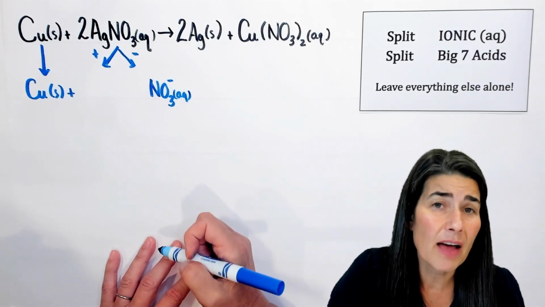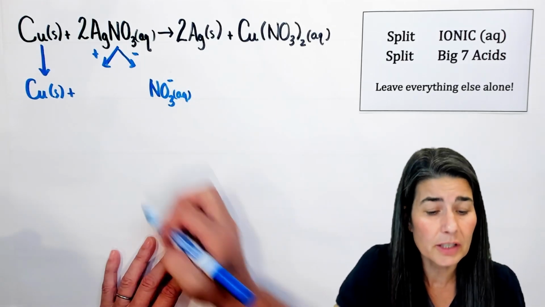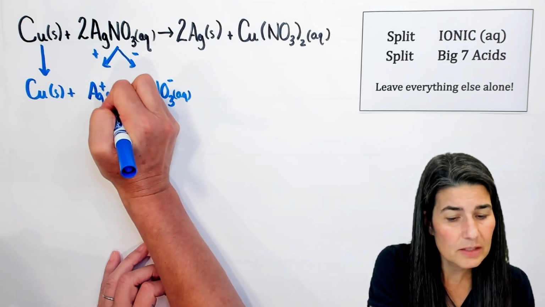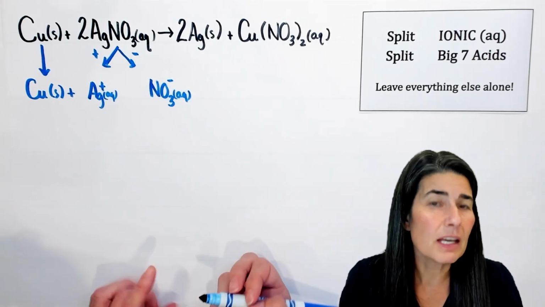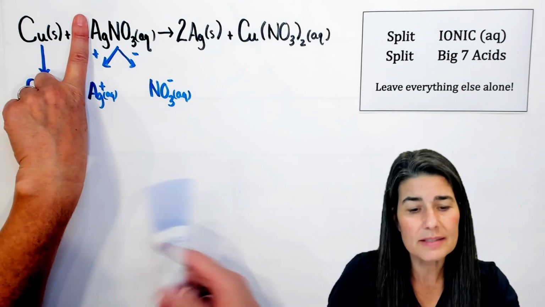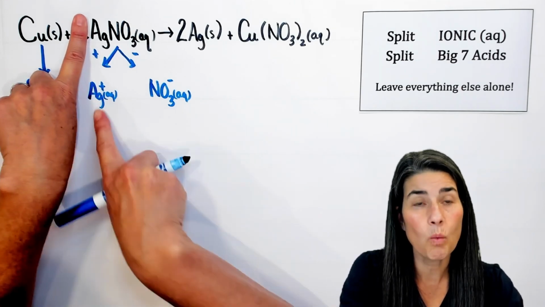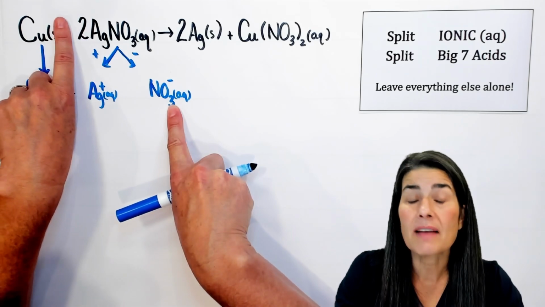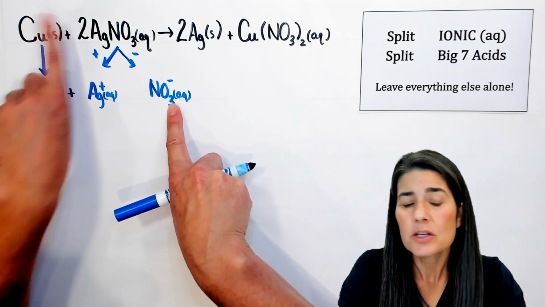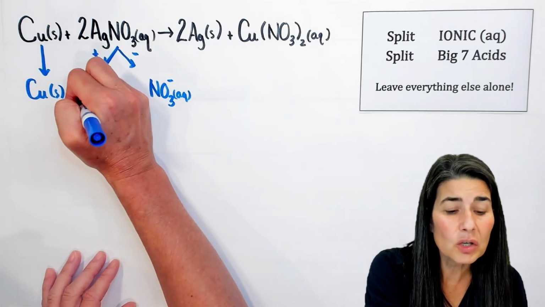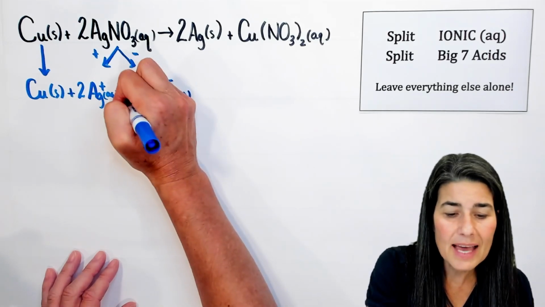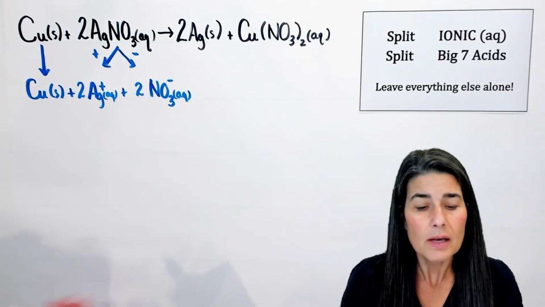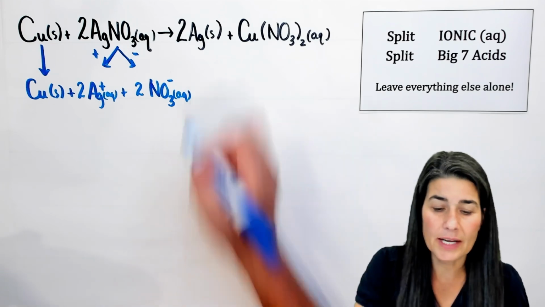The positive ion is silver with a plus charge, Ag plus in solution. If you had a single silver nitrate, you would get 1 silver and 1 nitrate. You have 2 silver nitrates, so you're going to get 2 Ag pluses and 2 NO3 minuses. Now we've taken care of our silver nitrate.